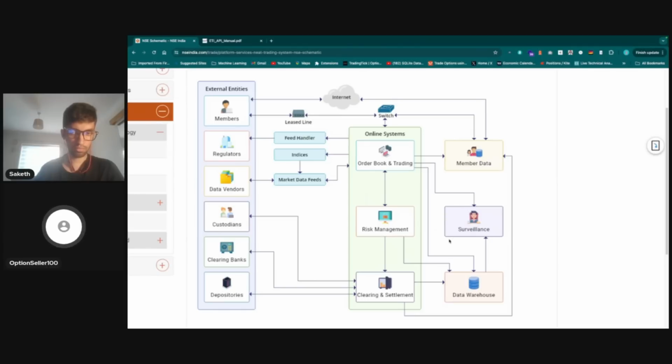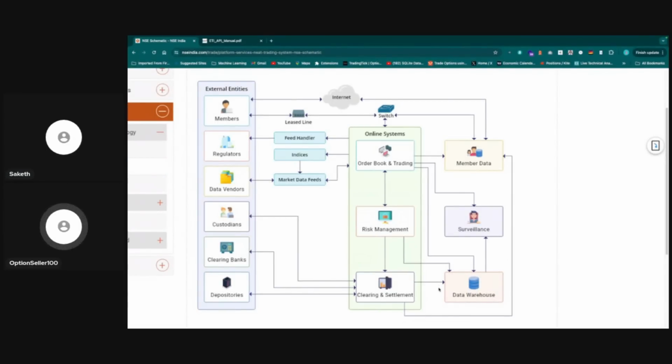Then there is going to be some bit of surveillance here, which means that, as I said, if any stock is getting transacted more than its limit, you would have seen the ASM kind of list. These guys would really monitor that. And then all the transactions that we do need to be stored perpetually somewhere. So that's where this data warehouse really comes into the picture.